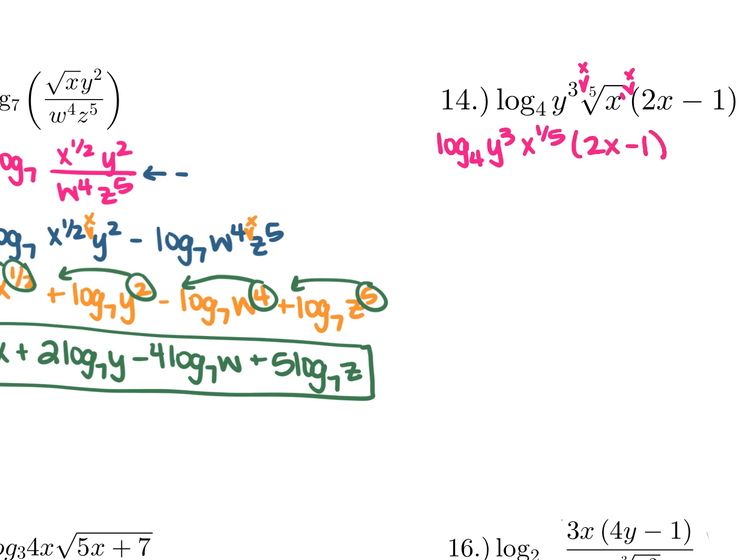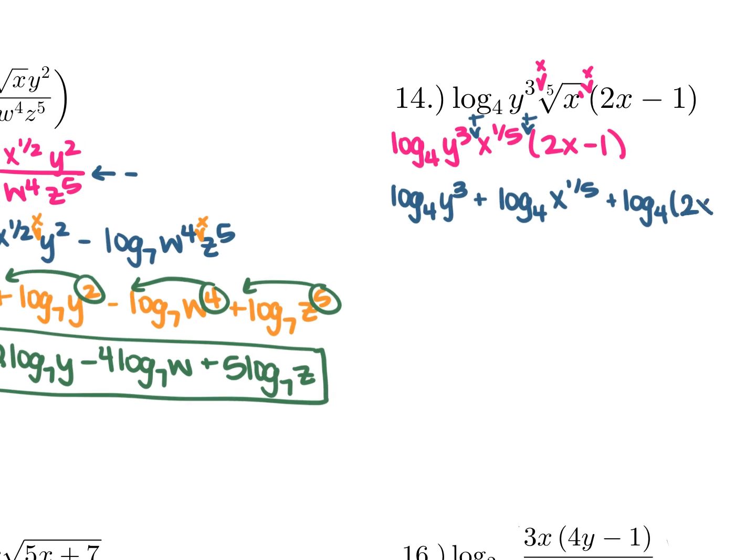So now we're going to rewrite using addition for each of these parts. So you have log 4 of y cubed plus log 4 of x to the 1/5 power plus log 4 of 2x minus 1.